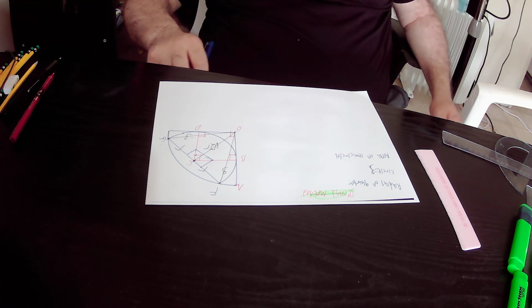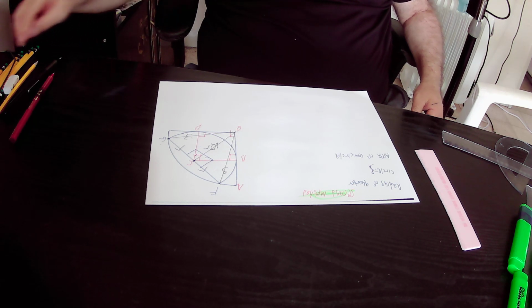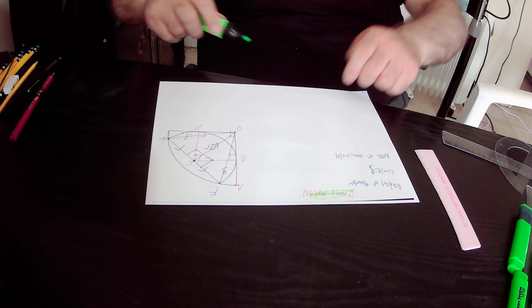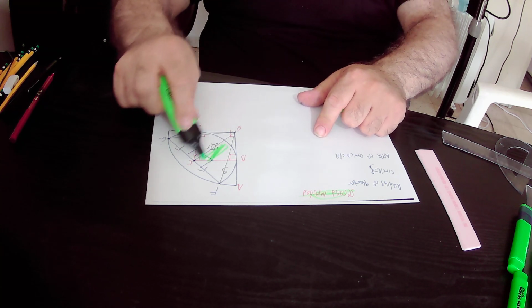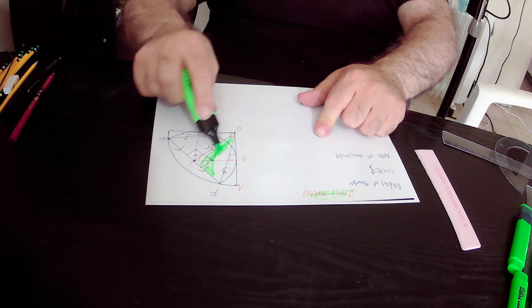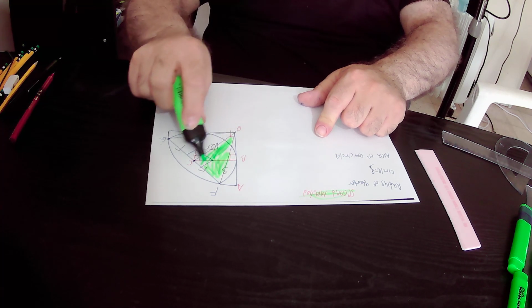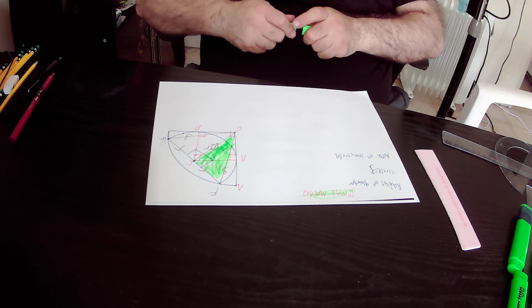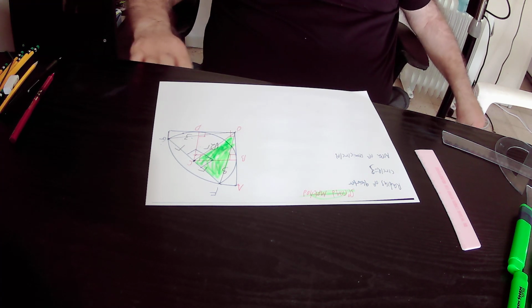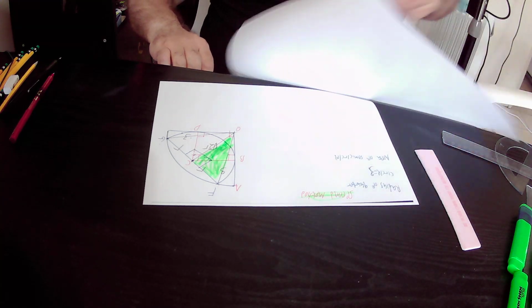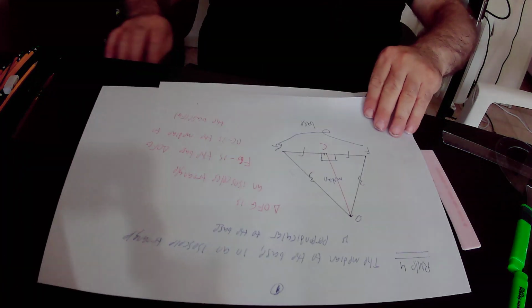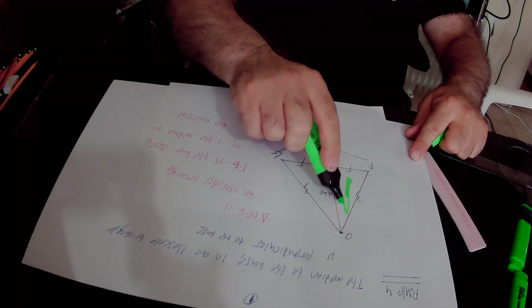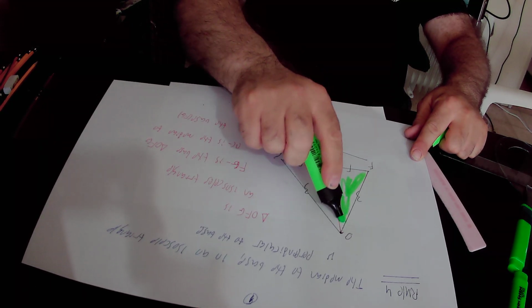In the next step, we will implement the Pythagoras theorem on the green right triangle, triangle OCF. Okay. So this is the right triangle OCF.